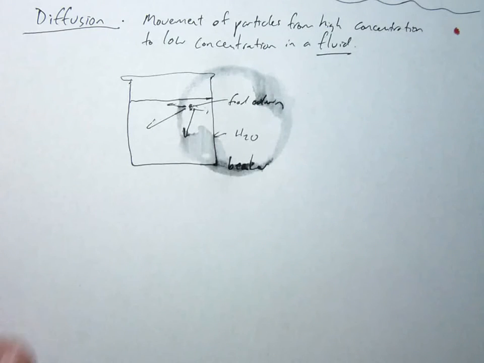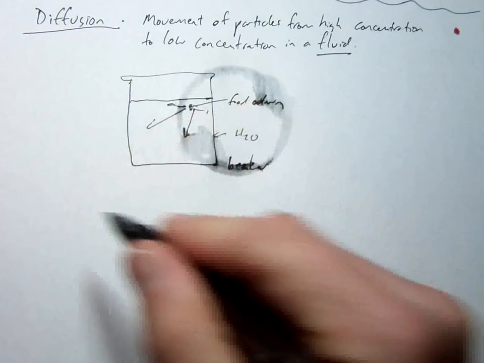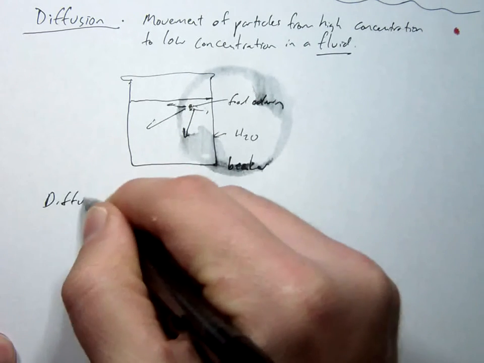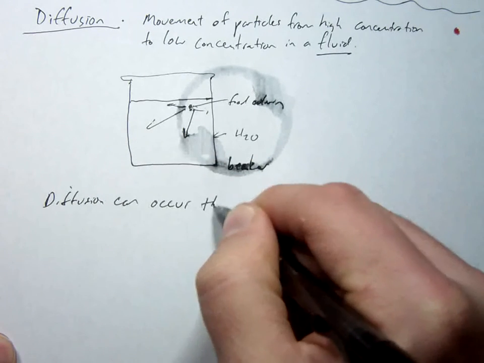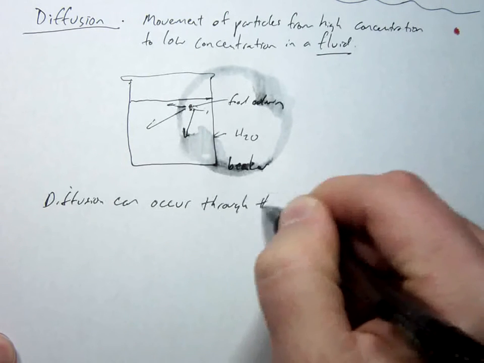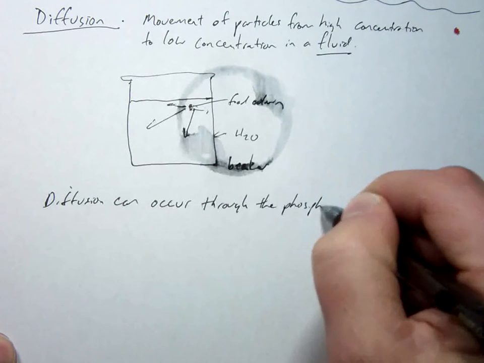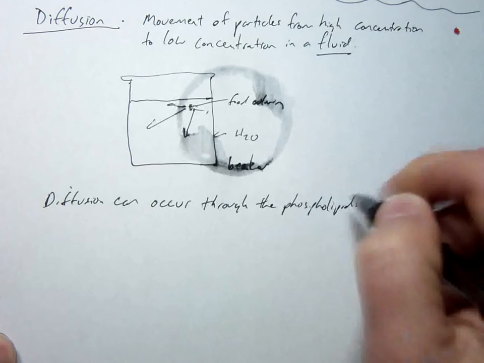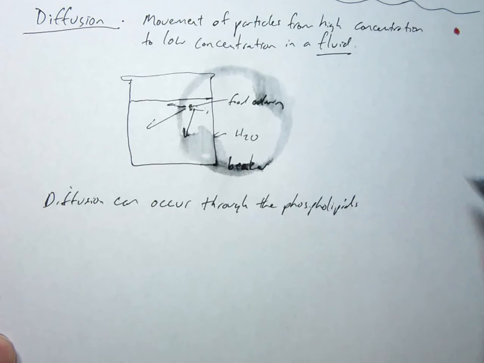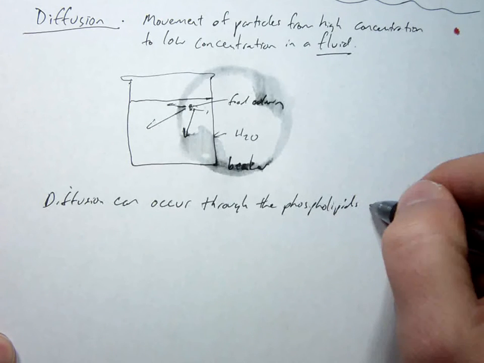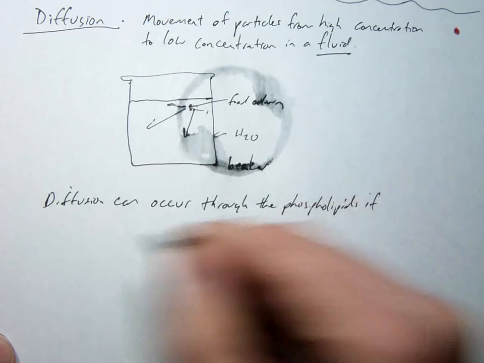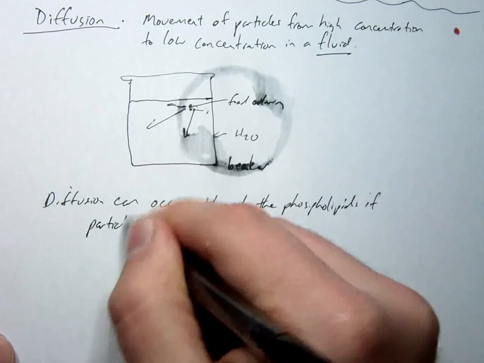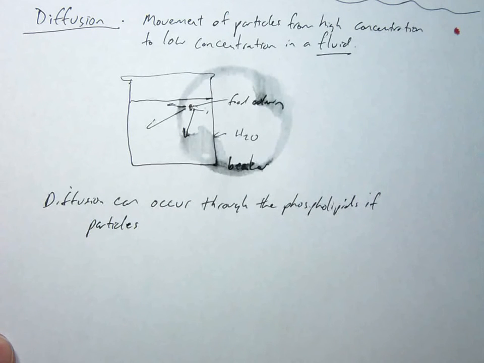Diffusion across the cell membrane. Diffusion can occur through the phospholipids if, and again this is reiterating the same point, if the particles that are diffusing are, there's two requirements.